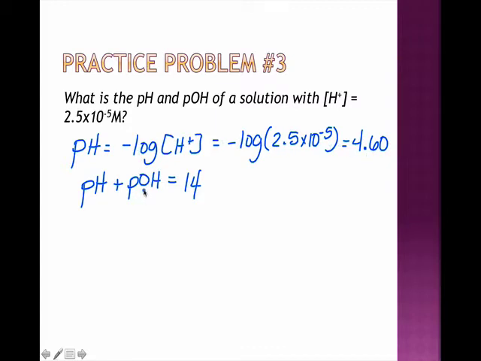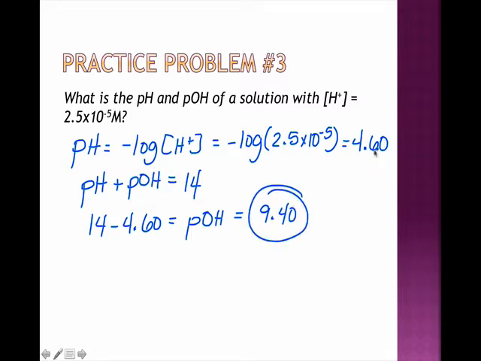To find my pOH, all I have to do is subtract 4.6 from 14. So 14 minus 4.6 has to give me my pOH. And when I do that subtraction, we get 9.4. So there's my pOH, here's my pH, and I answered the question that they asked.